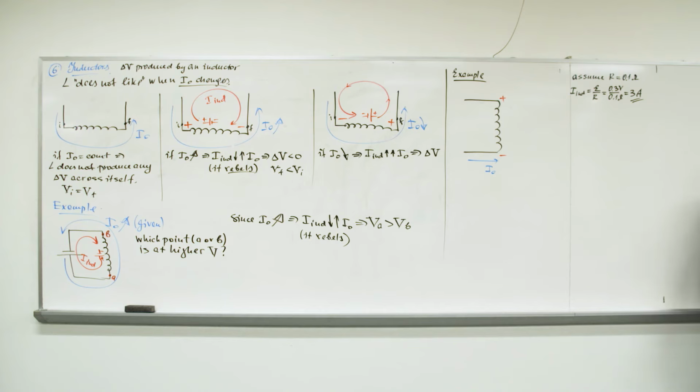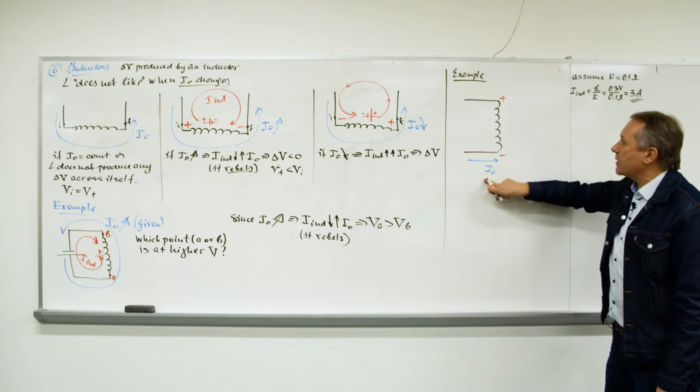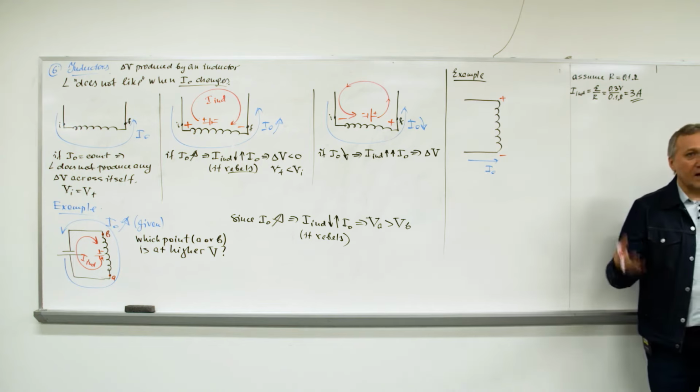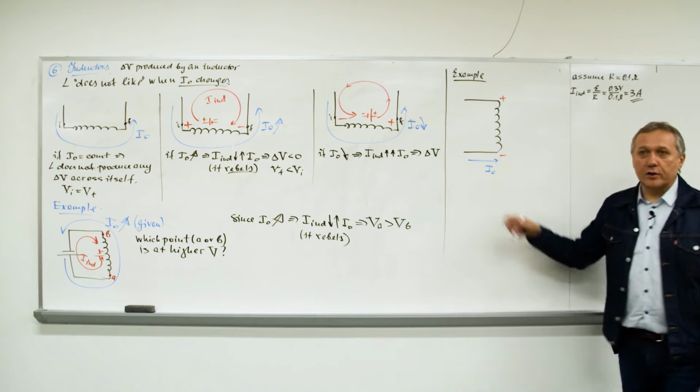All right? So again, this plus and minus is what this inductor produces when something happens to this current. It's produced by the inductor.